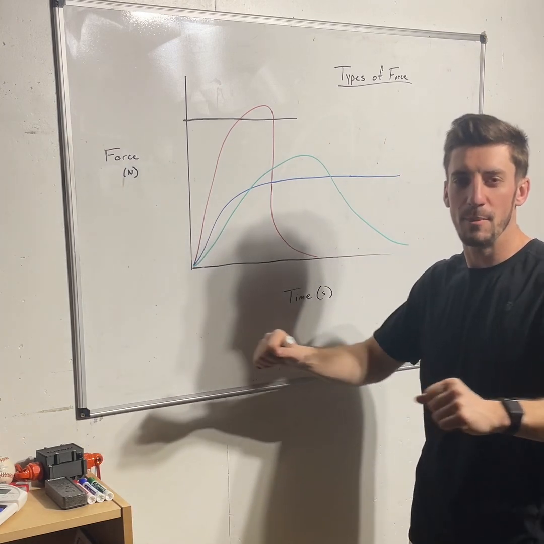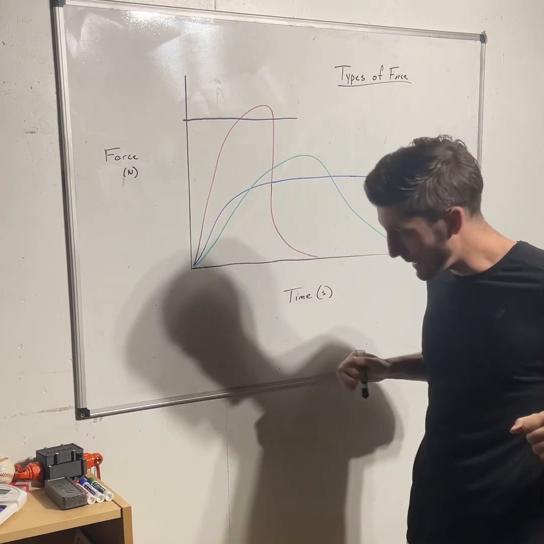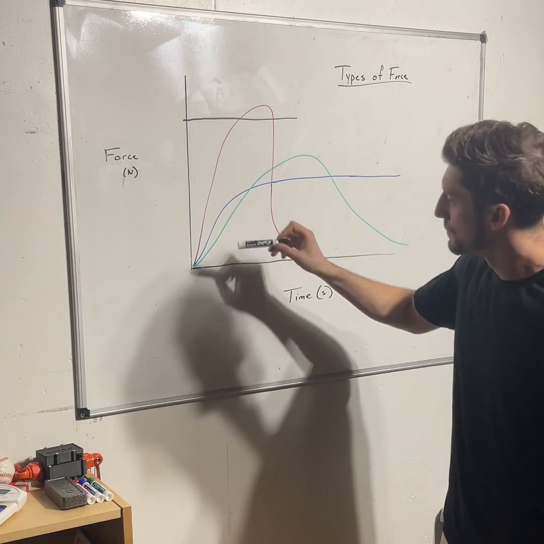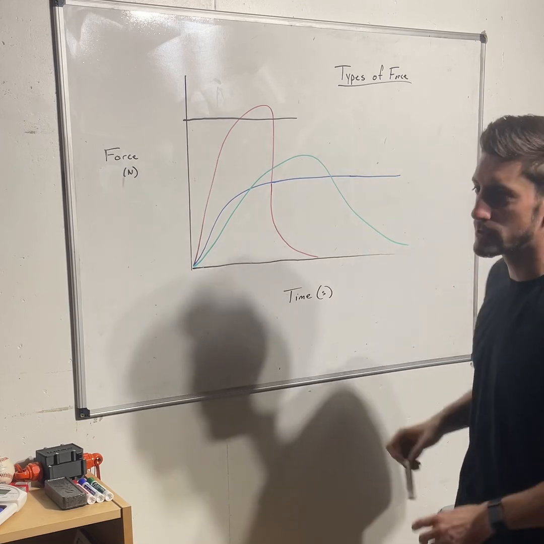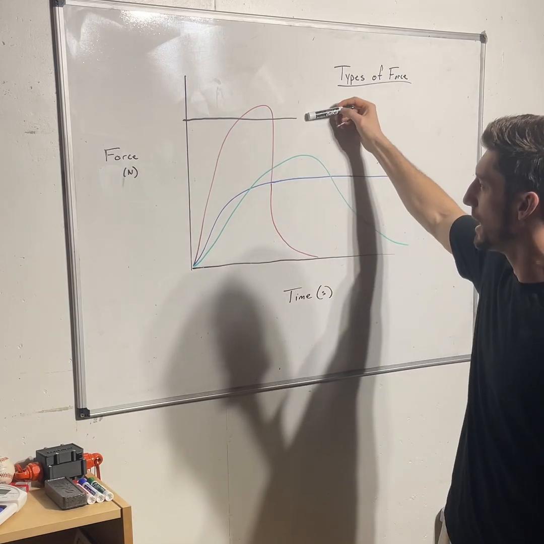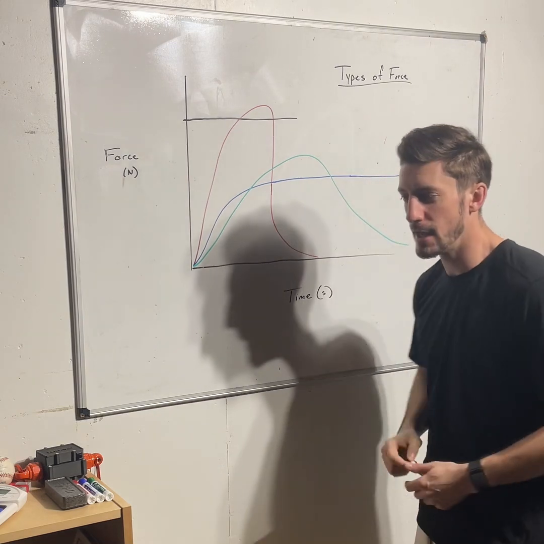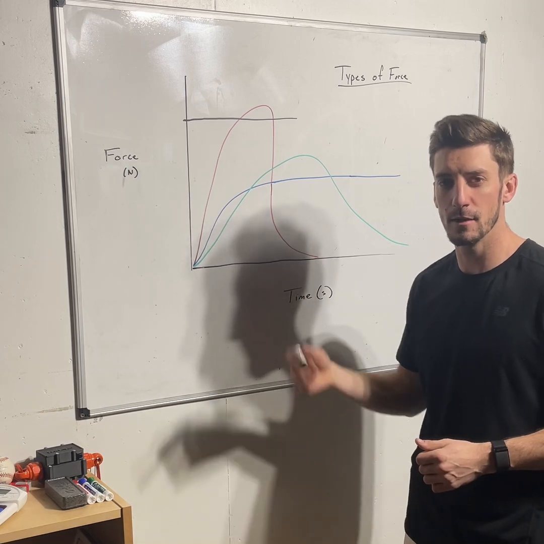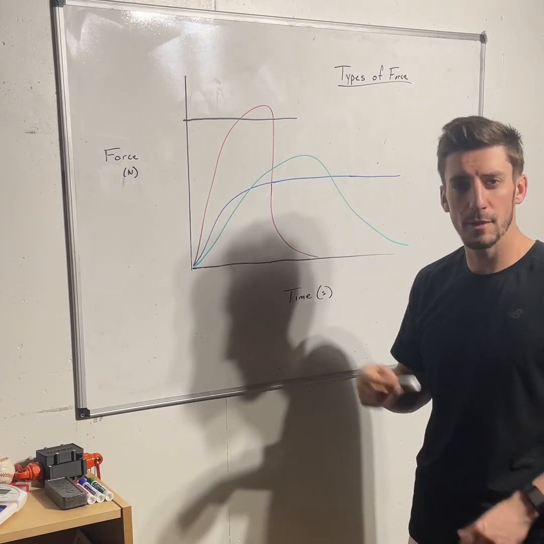I do a rep every 1 to 2 seconds. I go up and I come down. I go up and I come down. There's not anything abnormal to these forces. You're not getting close to that threshold. You're not holding anything. So this is going to be your general movement line of force, and how we go from one place to the next.